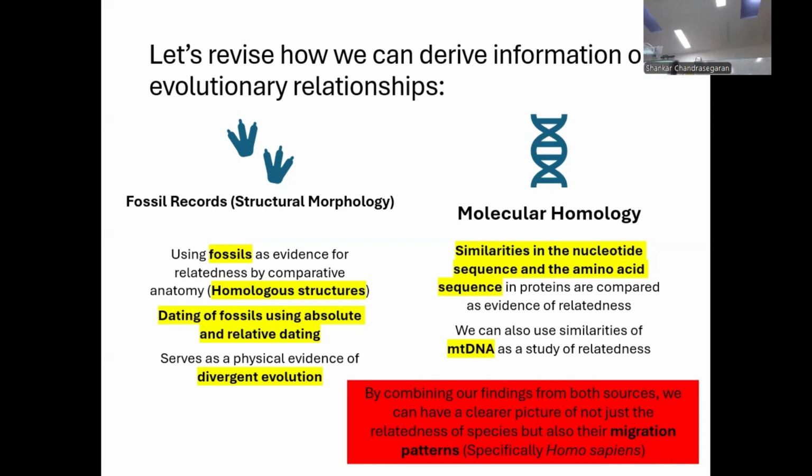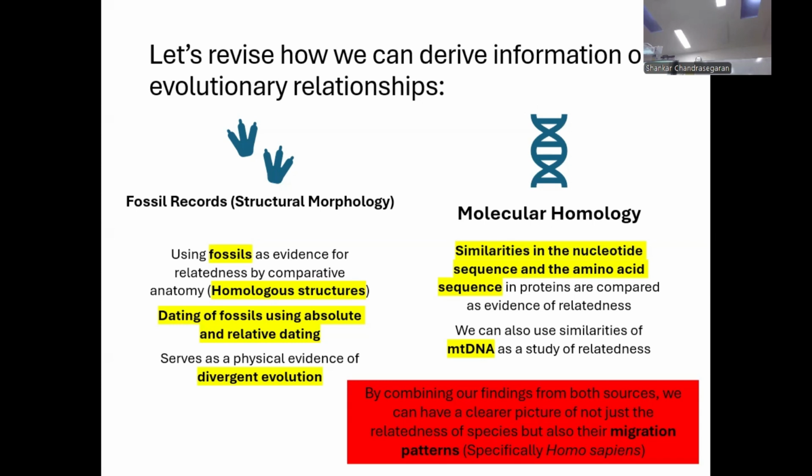When we have similarities, we can use that as evidence of relatedness, in the sense that if they have homologous structures, we know that they are related to each other. And the more homologous structures they have, the more closely related they are as well, right? Another way we can derive information is by dating the fossils themselves and finding out how old they are.